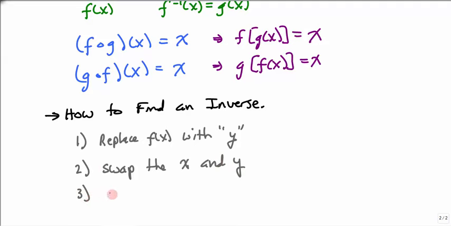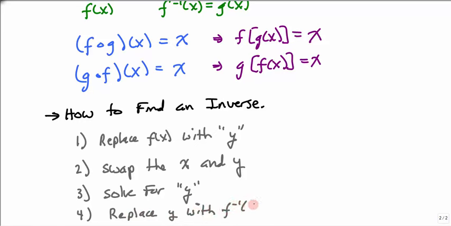The third step is we now solve for the new value of y from the swapped equation. And the fourth and final step is to replace y with f inverse notation, because that indicates that an inverse has been found.